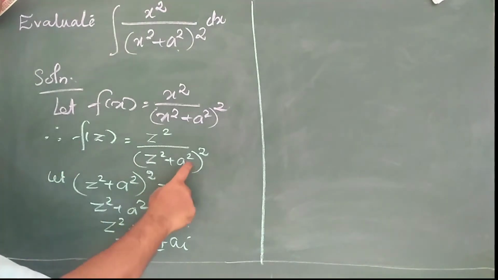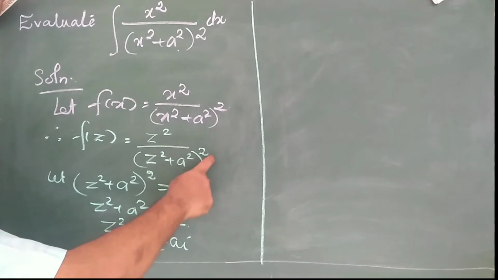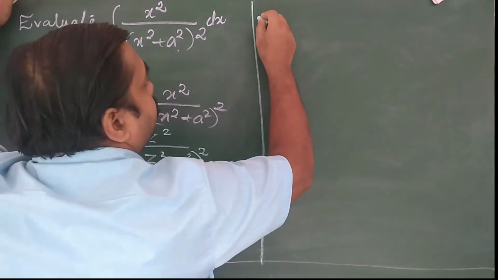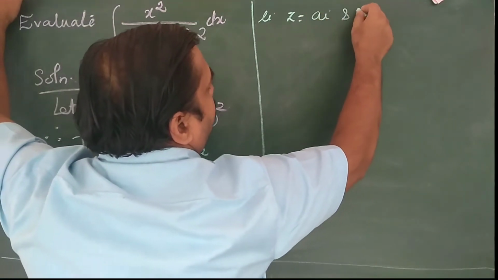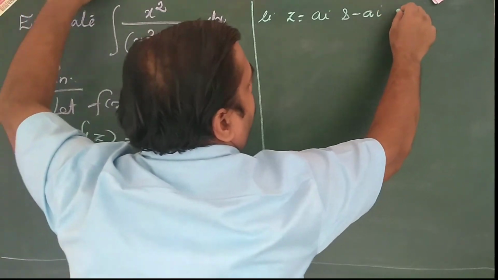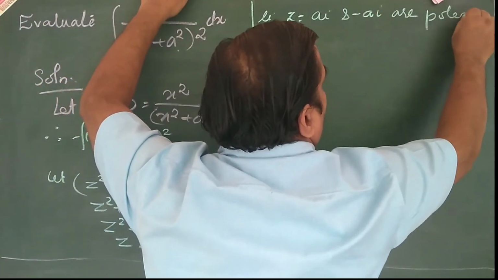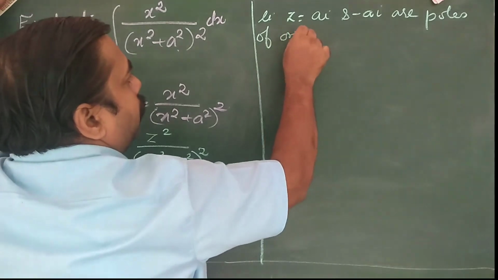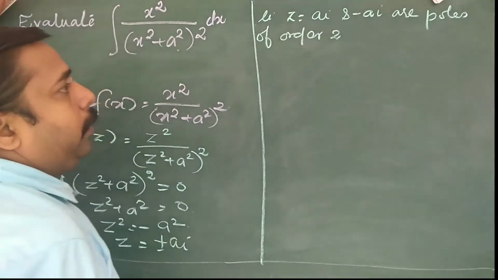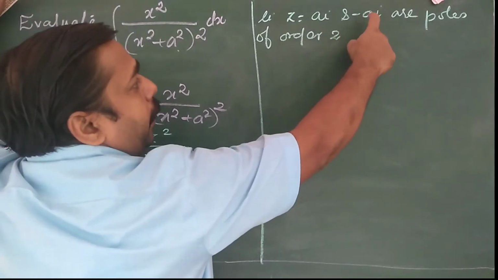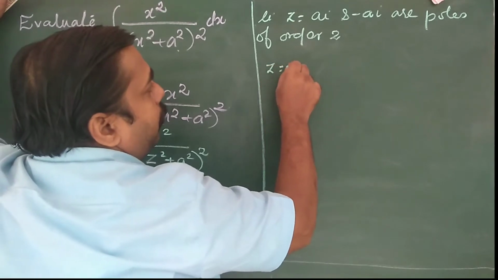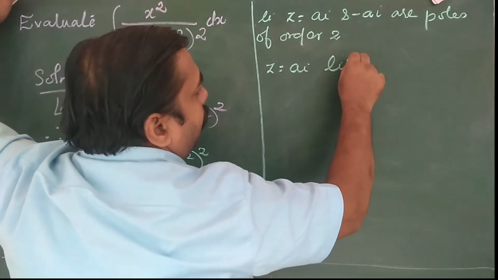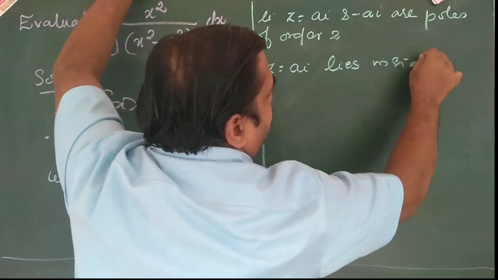That is z is equal to ai and minus ai are poles of order 2. Now, here the imaginary part is negative, so this lies outside. So z is equal to ai lies inside C.